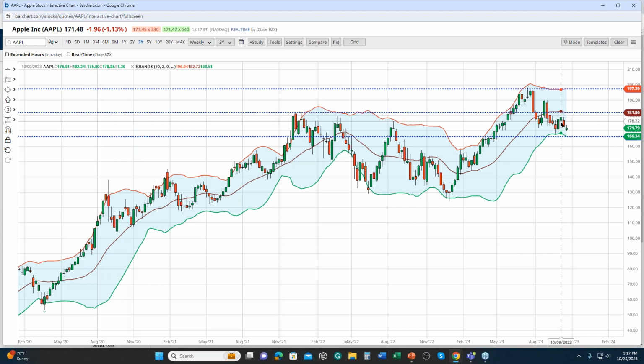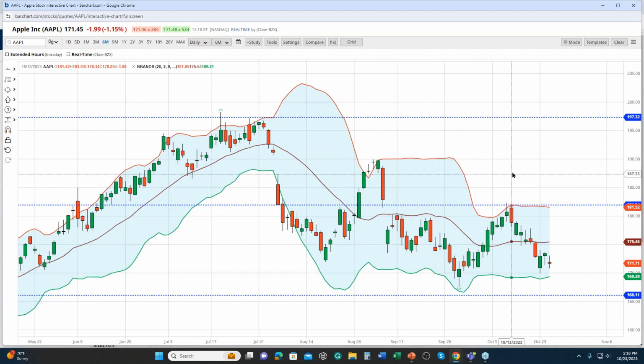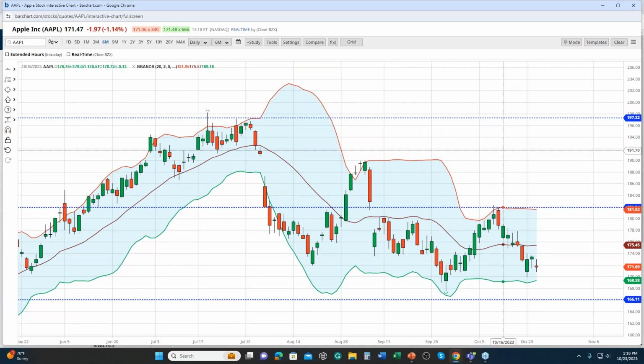So then what we'll do is move down to our lower time frame, in this case, our daily, and we'll repeat the process. Now, just to help me in demonstration, I don't want to have a lot of lines here. There's a higher probability that we're not going to get to the upper band of our weekly in Apple, because what we just saw on the weekly, we were in the lower half, that lower quadrant.